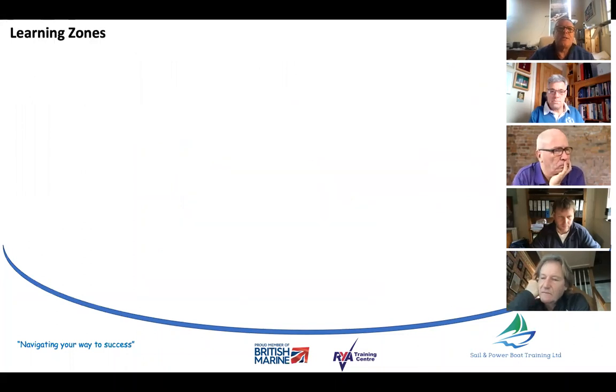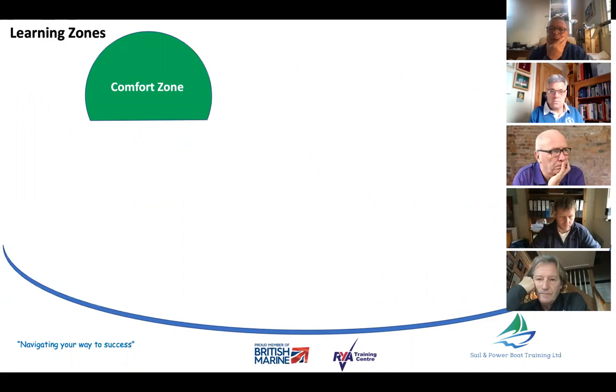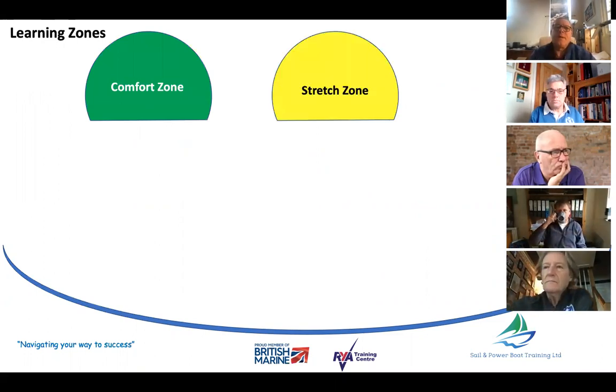Brilliant. Okay, so we've spoken a bit about a session and how people learn, and someone spoke about this briefly earlier: the learning zones. For me, there are 3 learning zones: comfort zone, stretch zone, and panic zone.